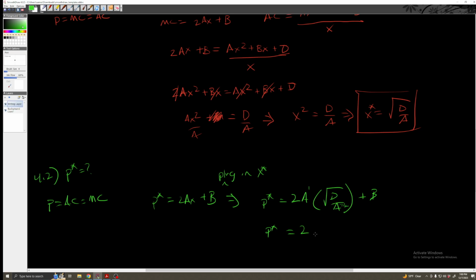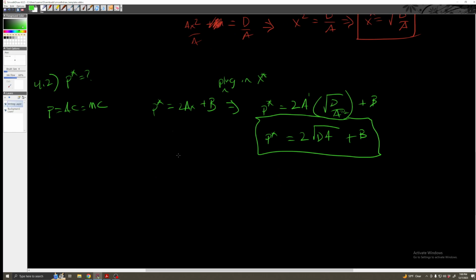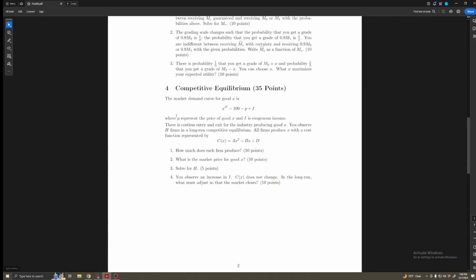You add the exponents when you multiply them, so you get a to the 1/2. So we can just put it in here, plus b. This should be our equilibrium price. Let me double check to make sure I didn't make any math mistakes. And through some miracle, I did not. Cool, so we know what the market price is for the good.